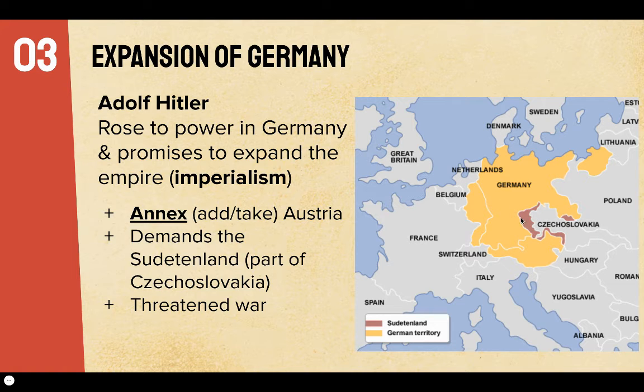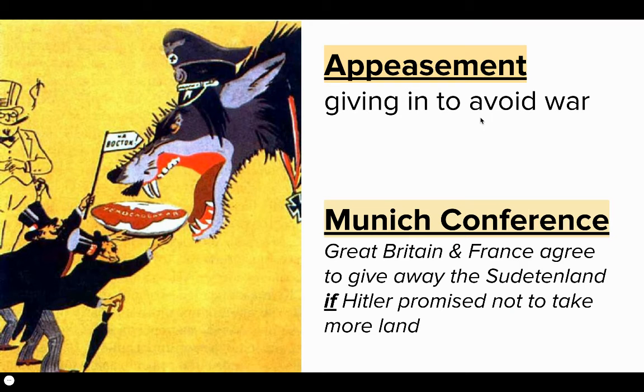Hitler, seeing a lot of German-speaking people here, believed that it was Germany's territory, and he demands it. He says, "I'm going to go to war if you don't give it to me." And so Europe has this decision to make. Do we give in to Adolf Hitler and let him take the Sudetenland to avoid war and to avoid even more bloodshed? Or do we stand our ground and fight that war?